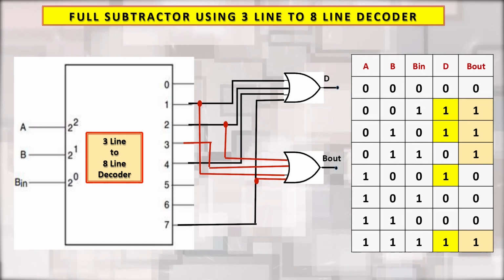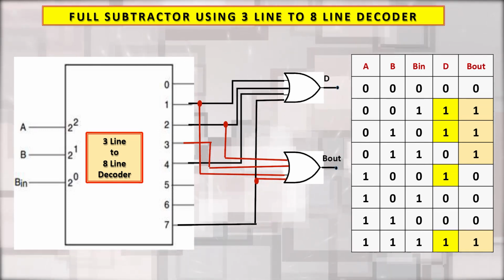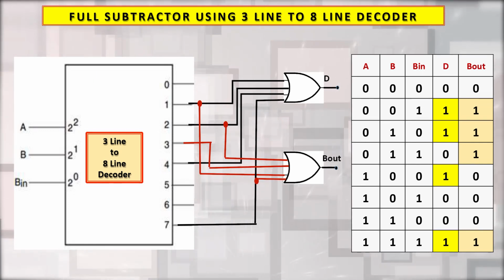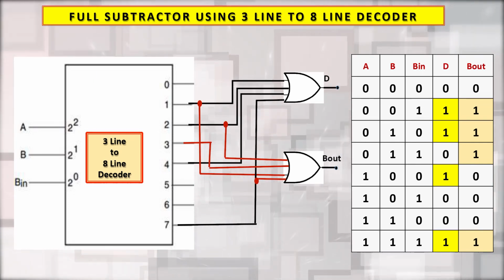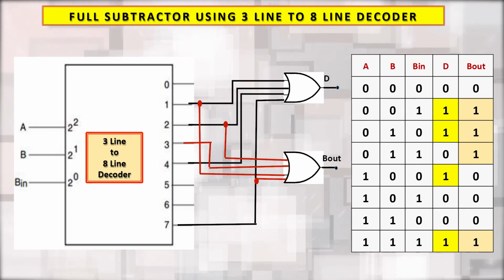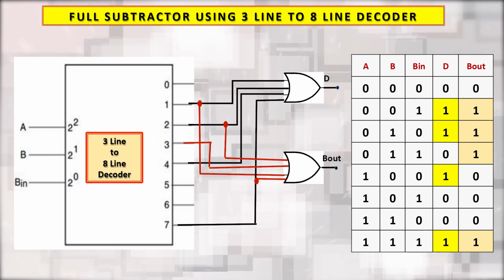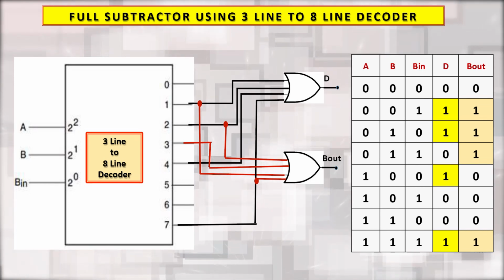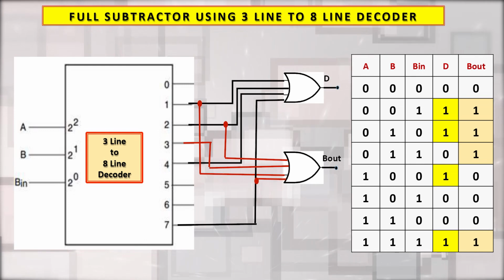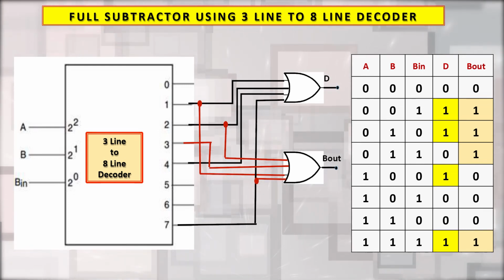So, all these outputs that are high will be connected to the OR gate to get D, and all the cases when B out is high, those outputs are connected to the OR gate to get borrow out. This way we can realize a full subtractor using a 3 to 8 decoder.